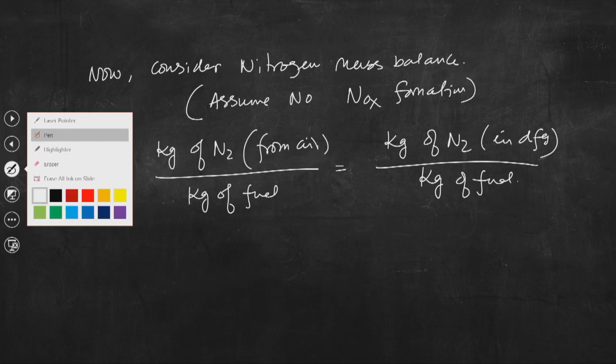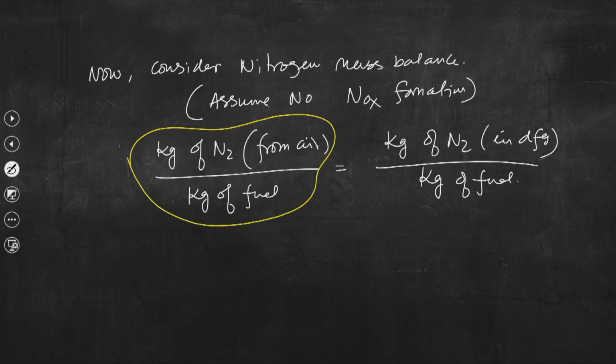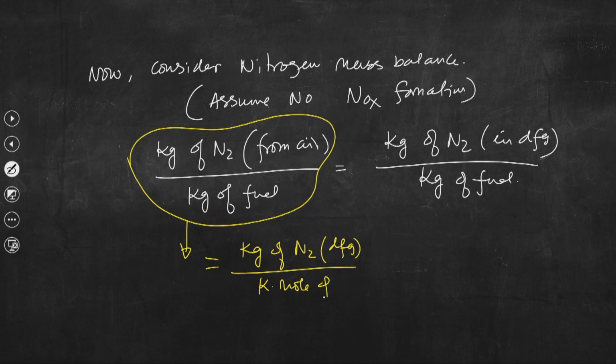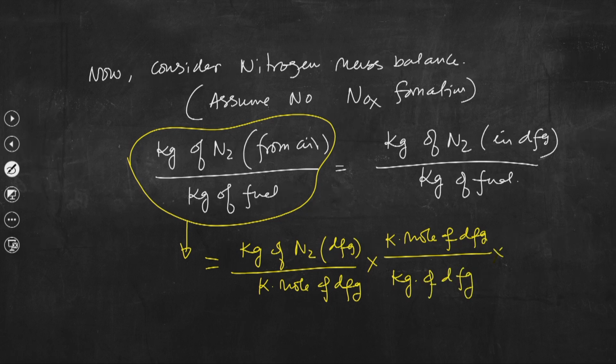This quantity we can write as kg of nitrogen in DFG divided by kilomole of DFG into kilomole of DFG divided by kg of DFG into kg of DFG by kg of fuel.